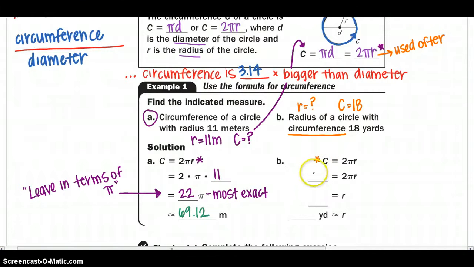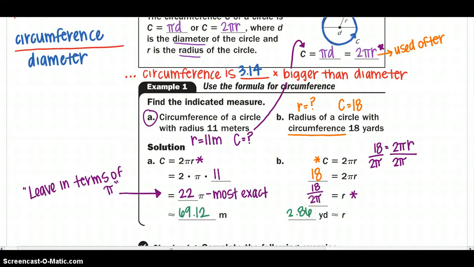We're going to plug it in. 18 equals 2 pi r. To solve, I want to get r by itself, so I can divide by 2 pi. Make sure you are plugging it into your calculator correctly. So your r is 18 over 2 pi. That would be in terms of pi, the most exact. And then approximately we can say our radius is 2.86.